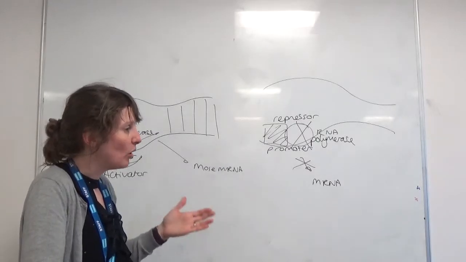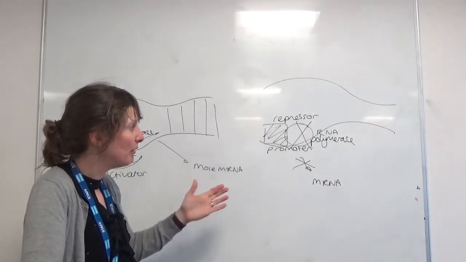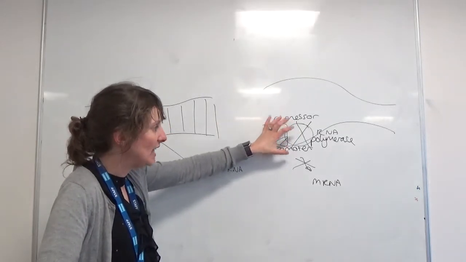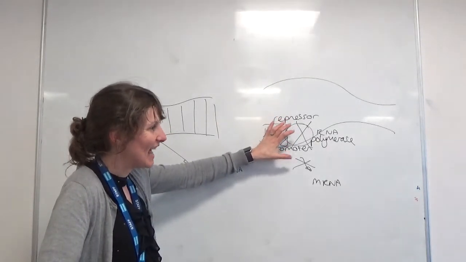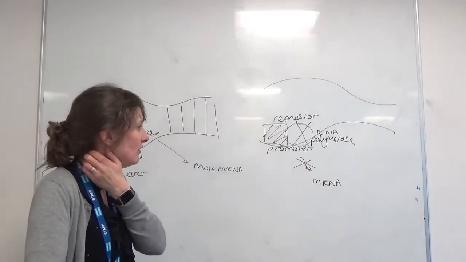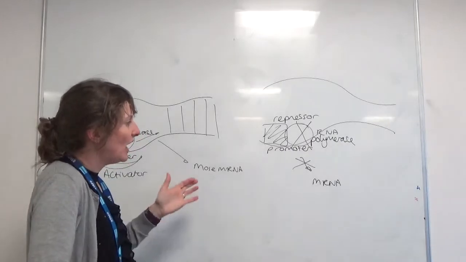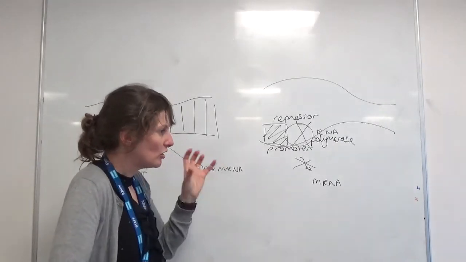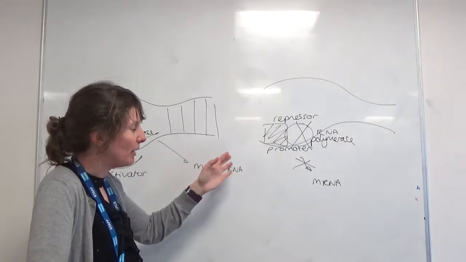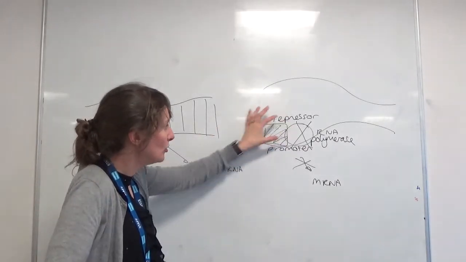And in that case, what tends to happen is you will have a repressor that binds to the promoter region for that particular enzyme's gene and stays there until you've got lots of the substrate. So in the case of the lac operon, the lactose substrate can bind to the lac repressor, and that will cause it to be removed.